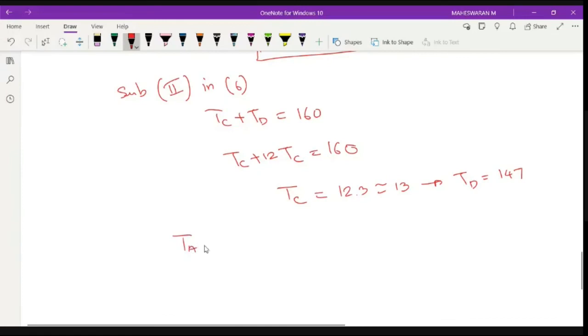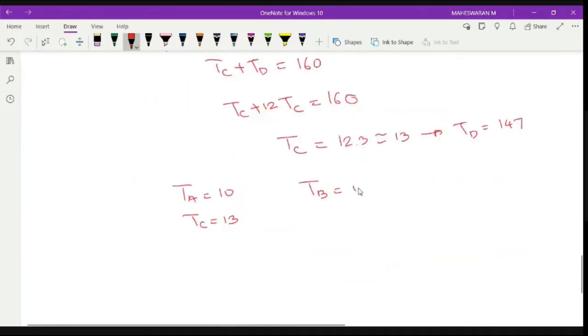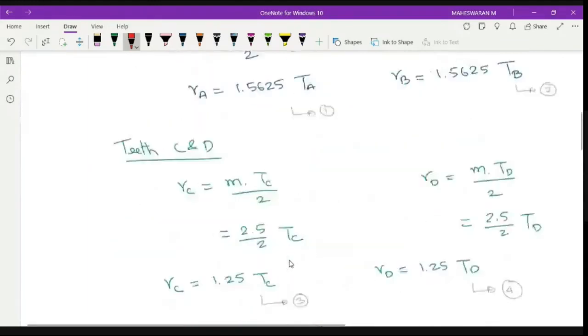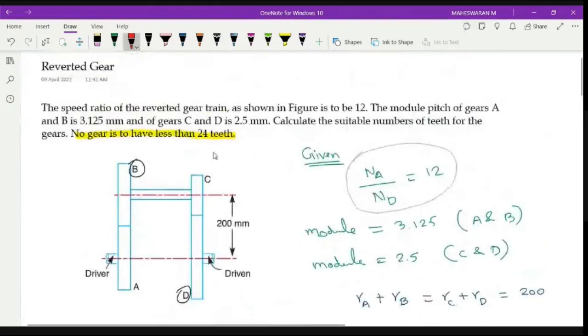So we got TA equal to 10, TC equal to 13, TB equal to 118, and TD is equal to 147. Right? So these are the sets we got. But the question is, it should not be less than 24 teeth, right?